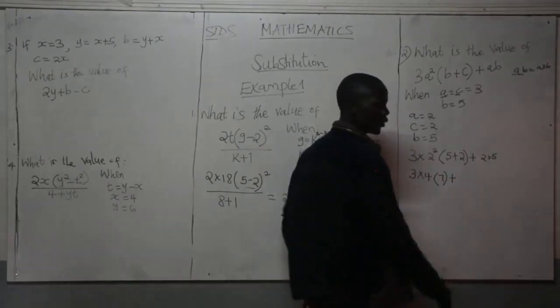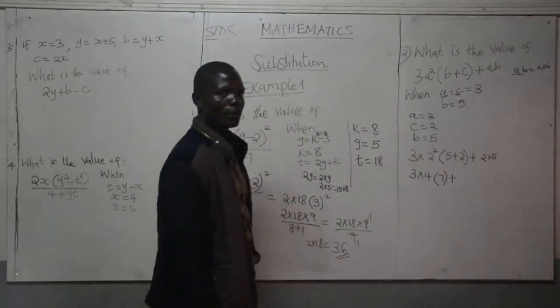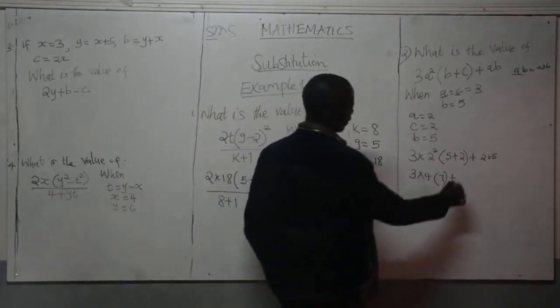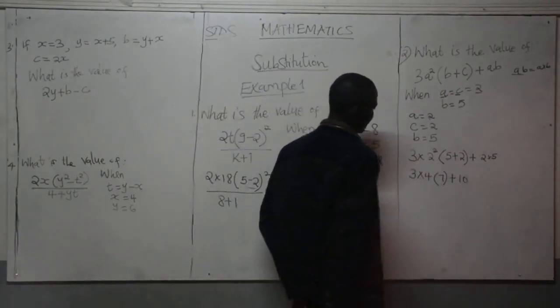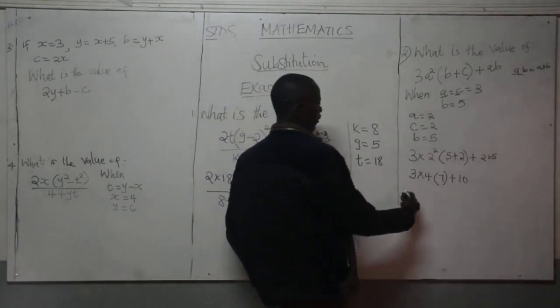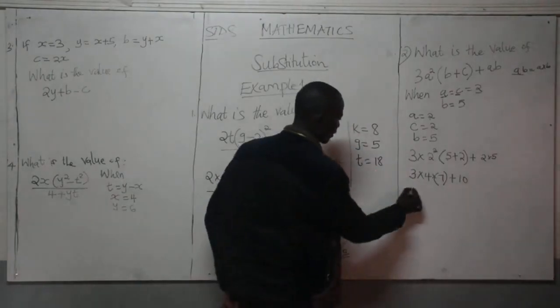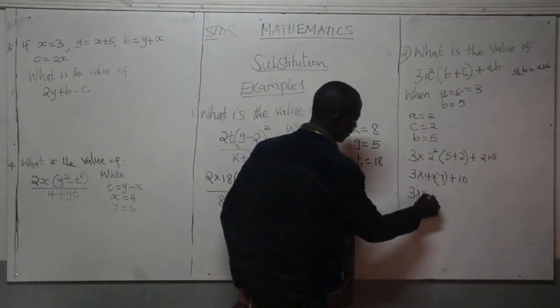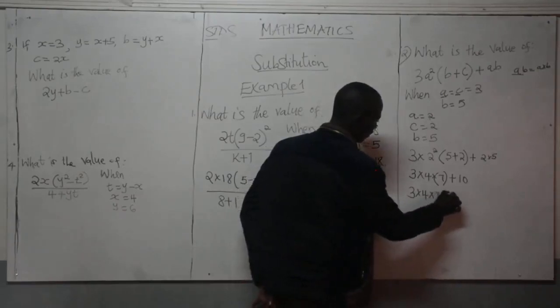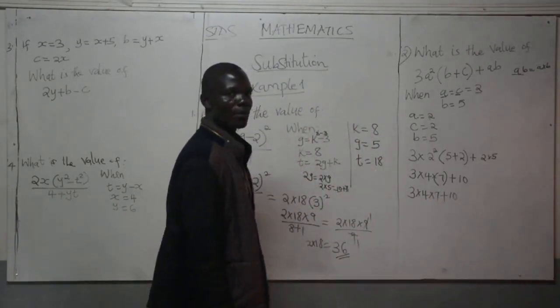Plus 2 times 5. 2 times 5 gives us what? Good, it gives us 10. So you say plus 10. Now, bracket means multiplication. So in this case, it's just 3 times 4 times 7 plus 10. Now multiply this. 3 times 4 gives us what?